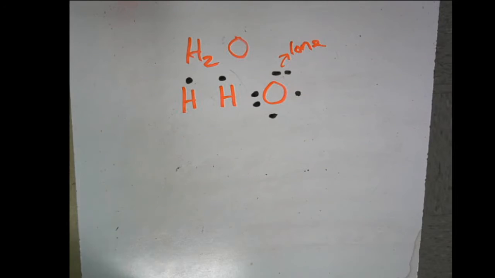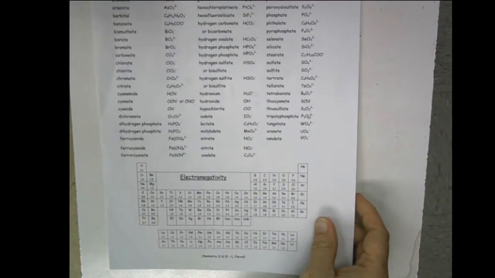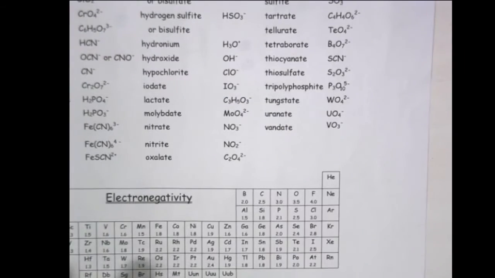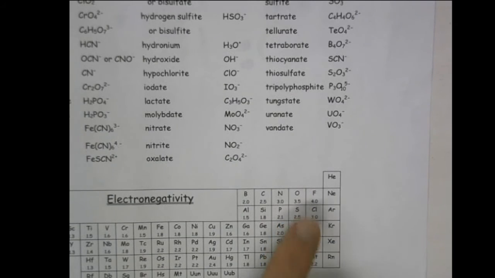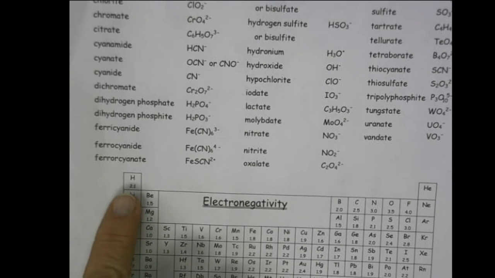That's one way, and it does not work all the time. But let's look at my electronegativity chart that I have here, okay? I'm going to zoom in on this one. So oxygen has a 3.5. It's way over here on the right. Hydrogen has a 2.1, okay?